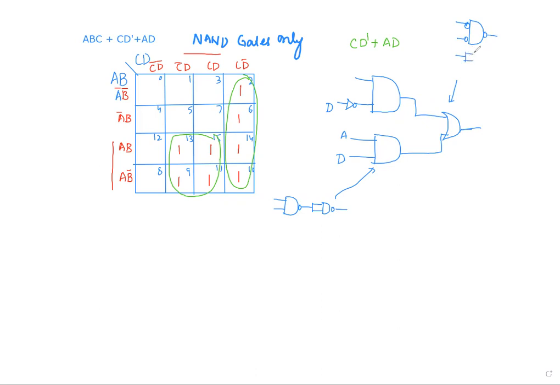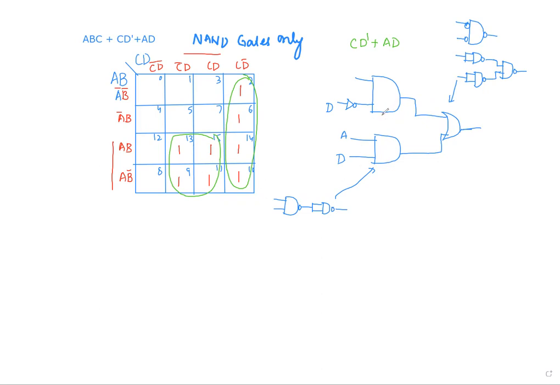Here the NAND gates act as NOT gates on the inputs to an AND gate, and this gives you the output of an OR gate. So now replace them.